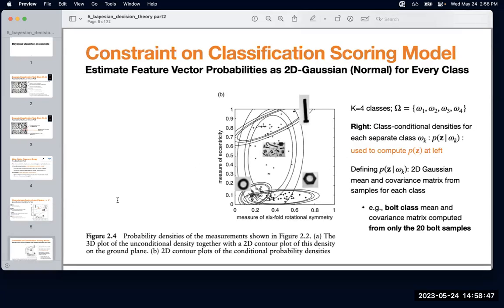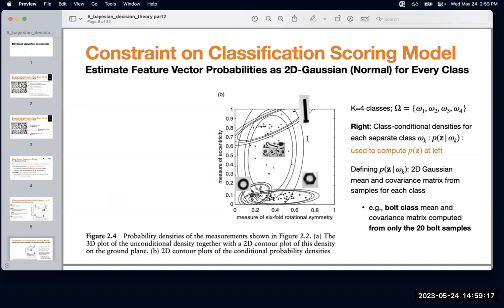So the way that we would actually model our model and to some degree the decision boundaries is that we would be using Gaussian distributions for every class that we have. So we have these 4 classes. We are representing the classes as these omega values. So omega 1 to 4 are my classes. And then the posteriors would be conditioned on my inputs.